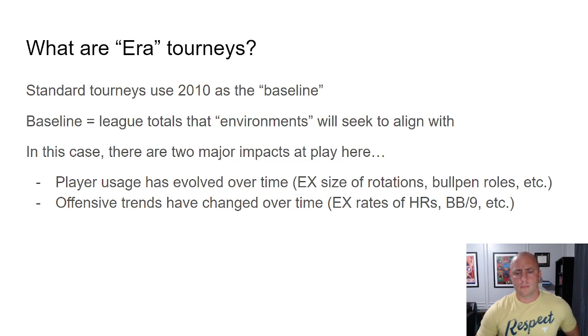And so what OOTP has tried to do with the historical baselines is mimic that. Now, in a previous version of the game, they did, I would say, a fairly poor job of doing that. It almost, to a certain extent, was flipped backwards, that as you went farther back in time, the game looked like a crazier version of the current game rather than the game that they were trying to mimic.